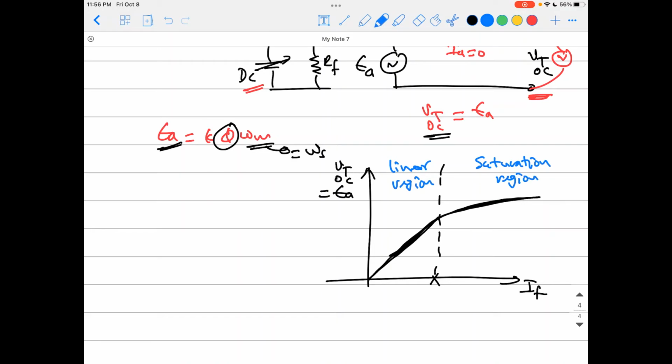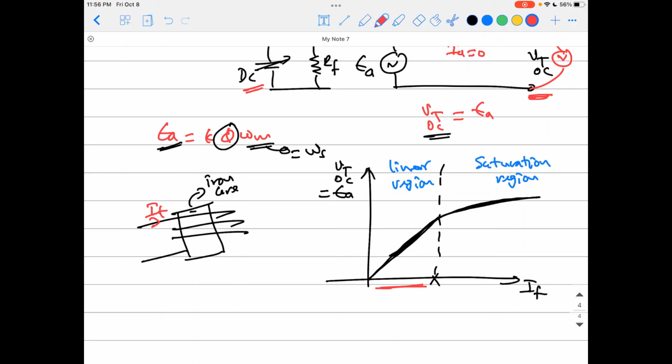I explained this before when I talked about DC machine because it's the same principle. You have the field winding like this. So I have a coil on an iron core. So this is an iron core. And I field is just going there. So if I field is small enough, in this area in the linear region, if you increase the field, the induced voltage will just increase because the flux density will be increasing in linear fashion, okay?